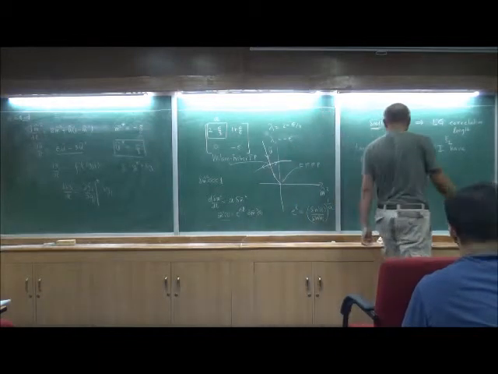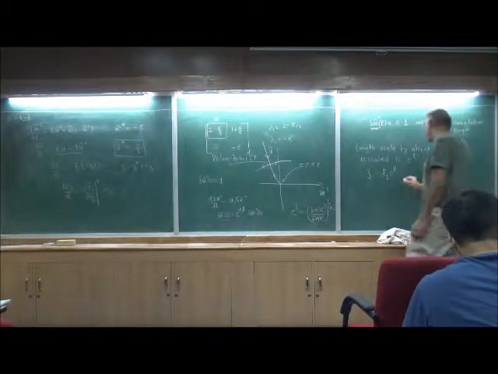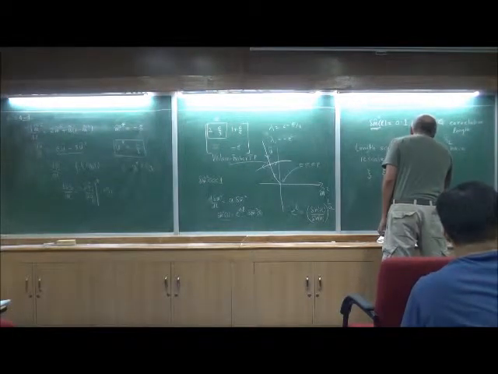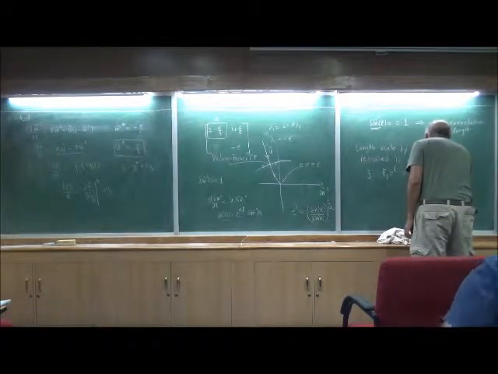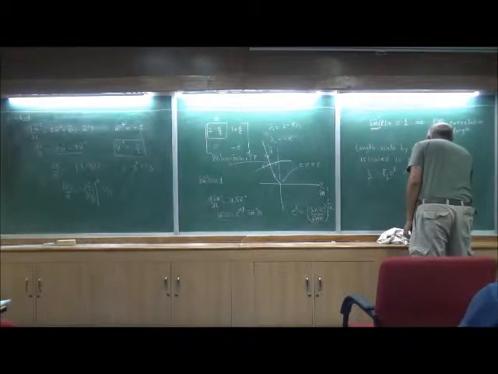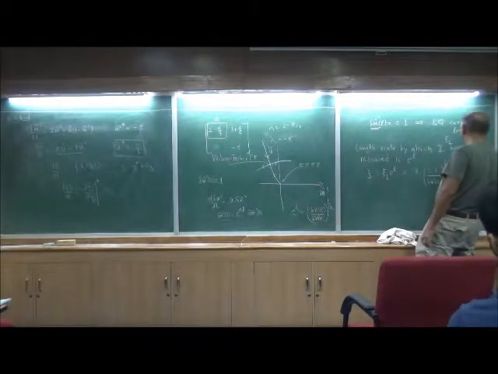You agree? So this is C1 times delta m squared of L, which is 0.1 according to what I've chosen, and this is delta m squared of 0, and this is 1 over 8.